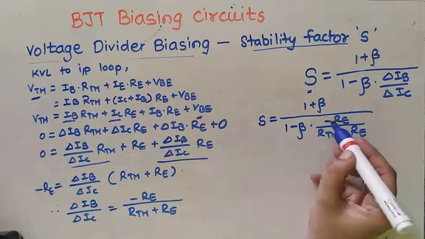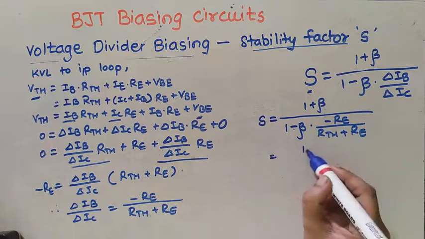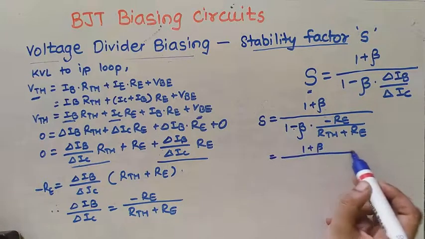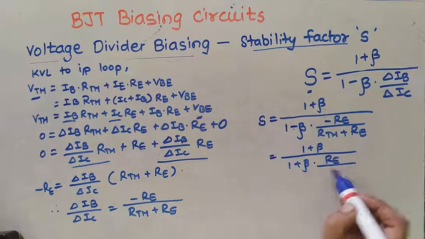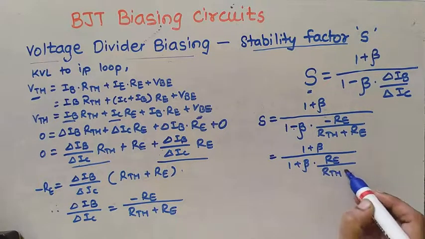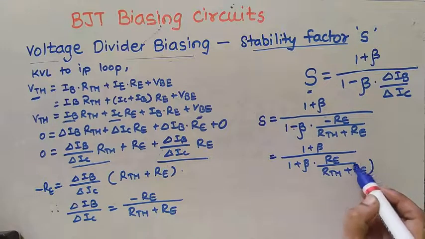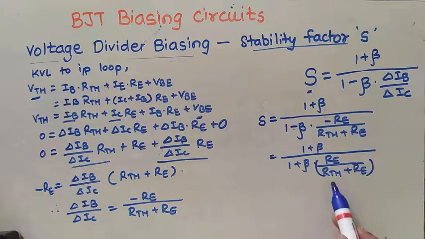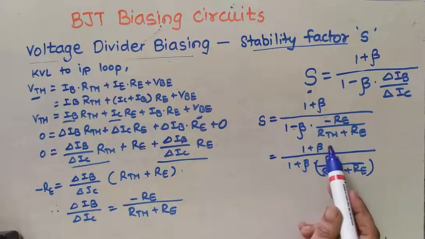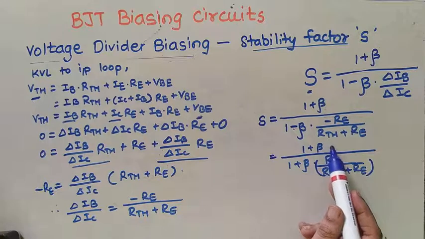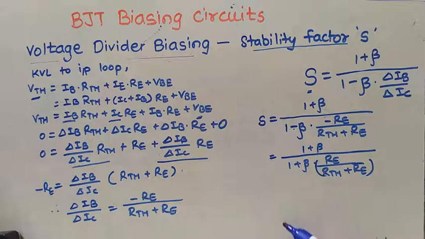Here minus minus becomes plus, so (1 plus beta) divided by (1 plus beta into RE divided by RTH plus RE). Now you can take this RTH plus RE to the numerator and solve this further.